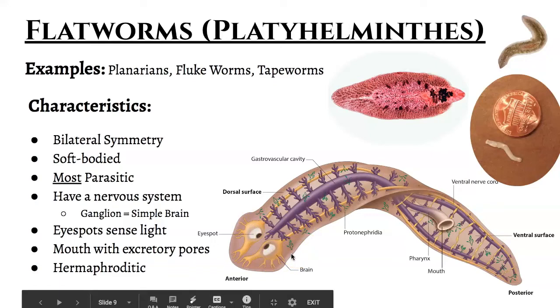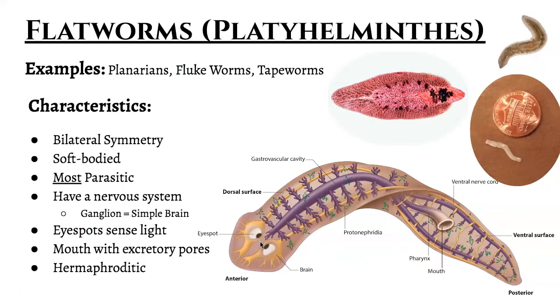And on top of it, what gives them this really weird look to them are these little eye spots. And what these eye spots do, they can't necessarily see pictures, but they can tell when the lights are on and off. So you could probably do this yourself.